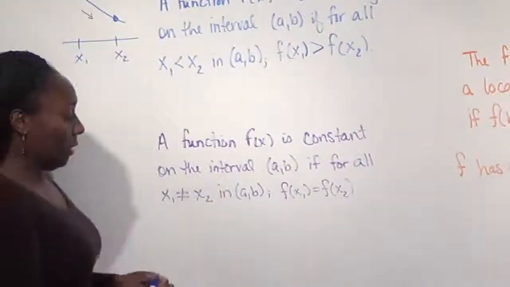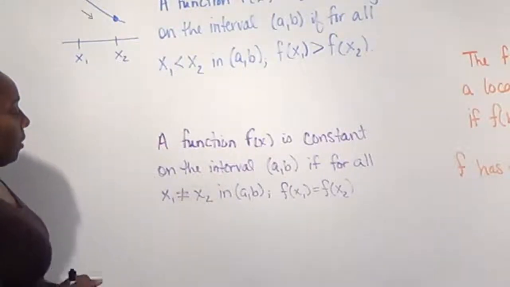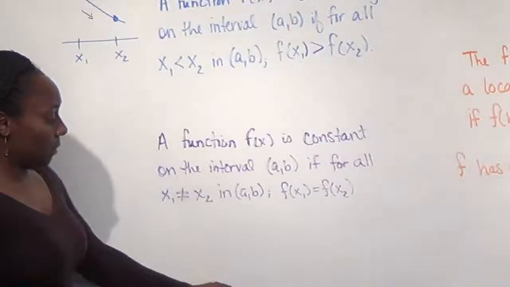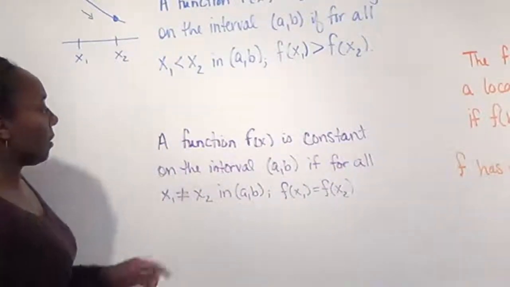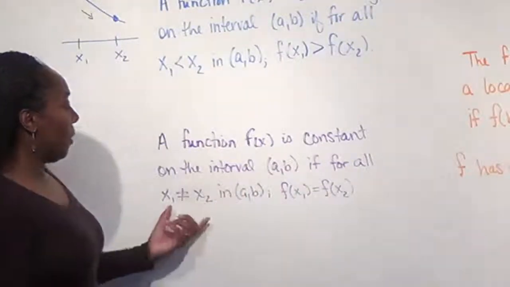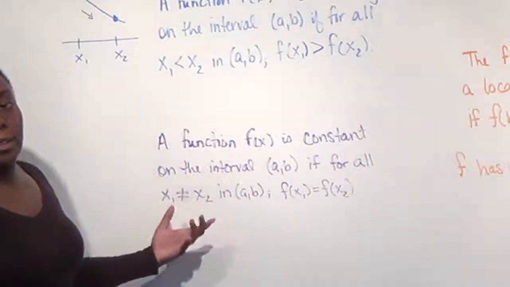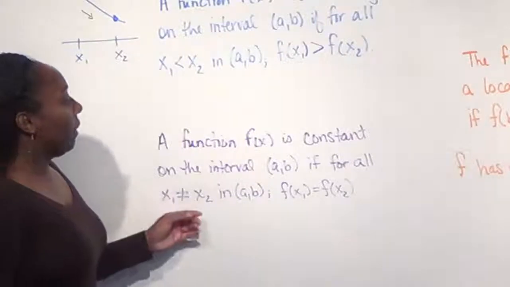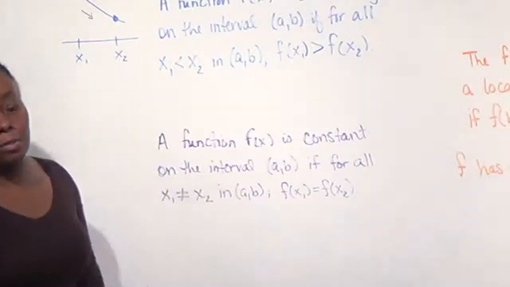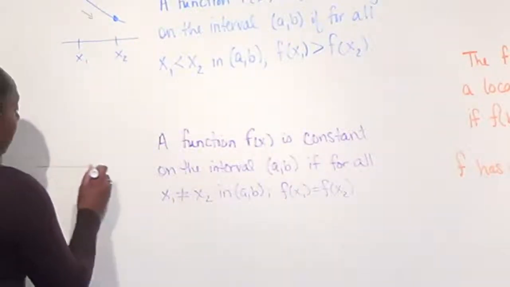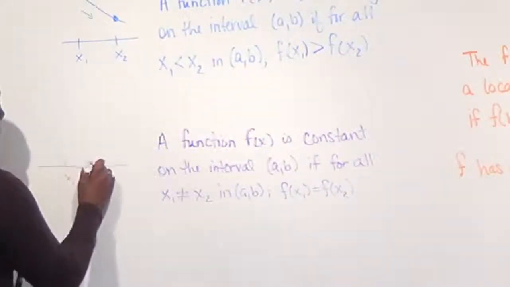Okay. The last case that we're going to look at is if a function is constant. This tells us that if I take 2 points, x1 and x2, and it doesn't matter the ordering here, as long as they aren't equal to each other, then if the function values are equal, it's a constant function. So again, I'm just going to pick an x1 and x2.